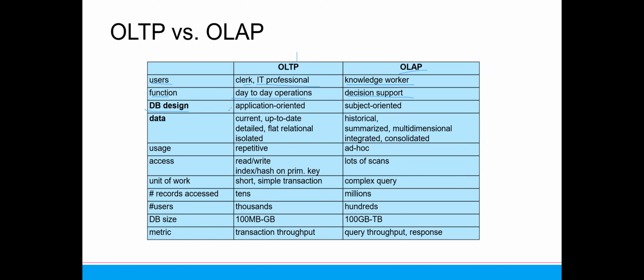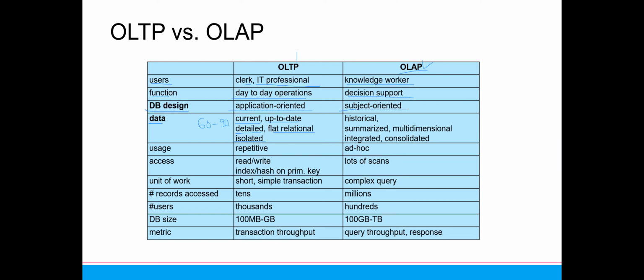The DB design is more about application oriented. It's about sales or it's about the customer. But the OLAP is more about the subject oriented. The data is current, because it is like 60 until 90 days, up to date, detailed, flat relational, isolated.